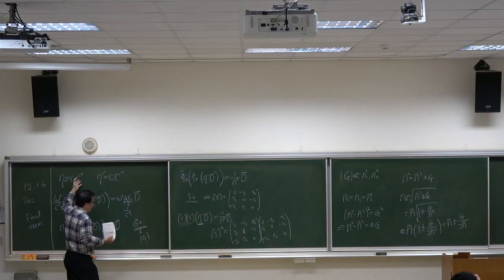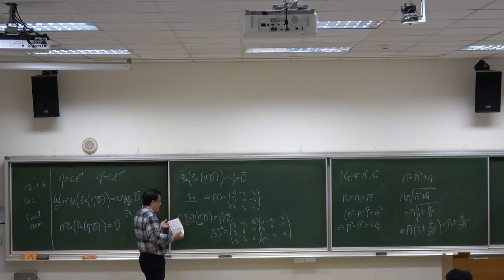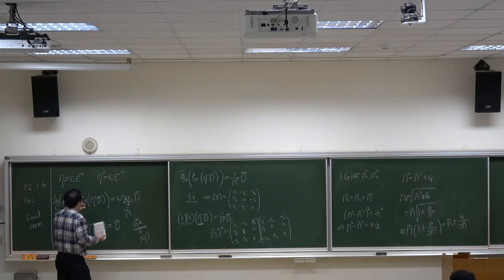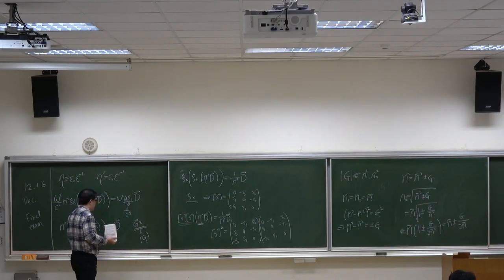Okay, and then we can find the approximate expression for this eta prime matrix.